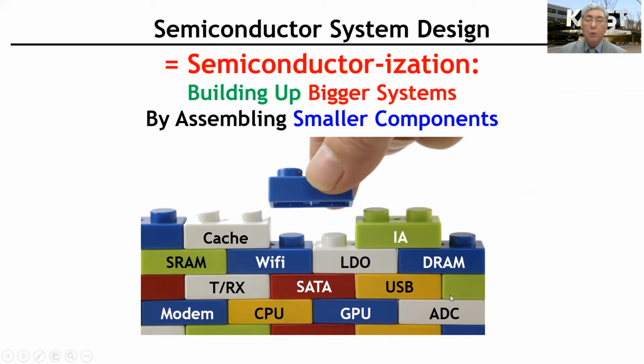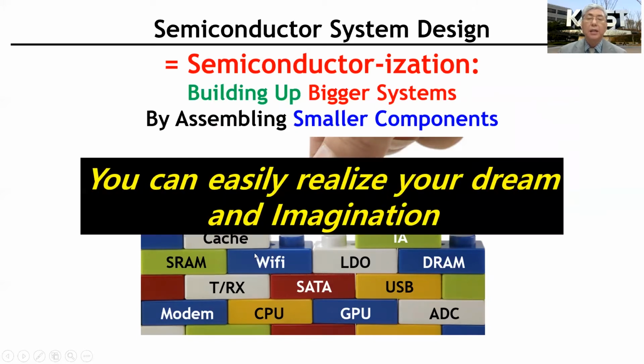It's just a Lego block, and it has a standard interface, and then you just assemble it. So by assembling small components, you can build a big system, and semiconductorization is possible. So with this method, you can easily realize your dream and imagination, especially hardware dream and hardware imagination.